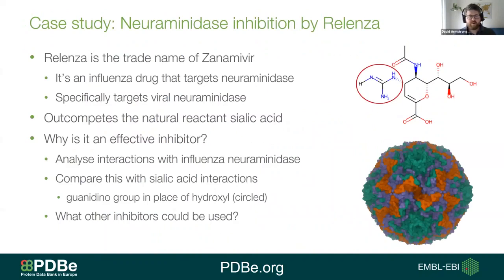So in this webinar, I'm going to go through a particular case study just to highlight where you can get different parts of the information about ligand interactions with proteins through the PDBe and PDBe-KB website. The example here I'm going to look at is the inhibition of neuraminidase by Relenza, which is also known as zanamivir.